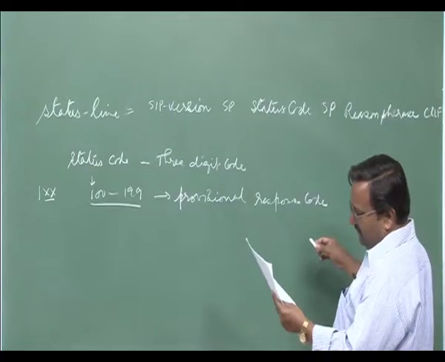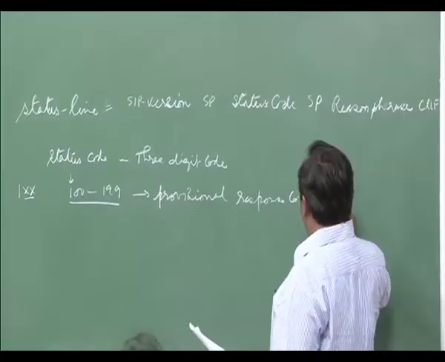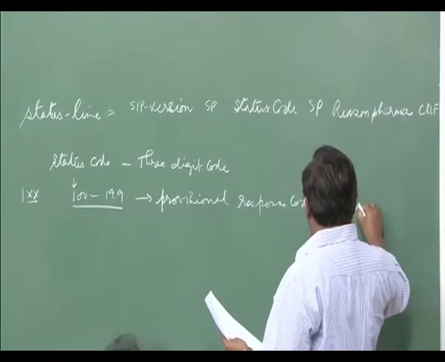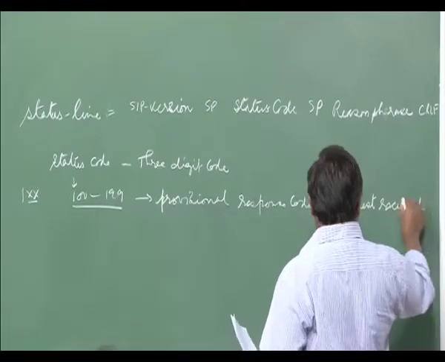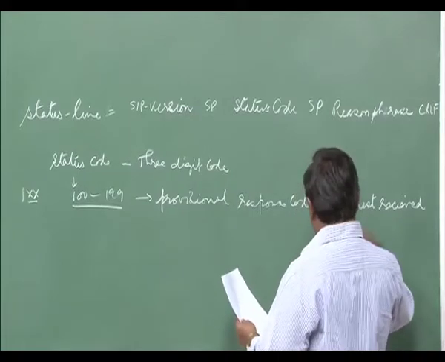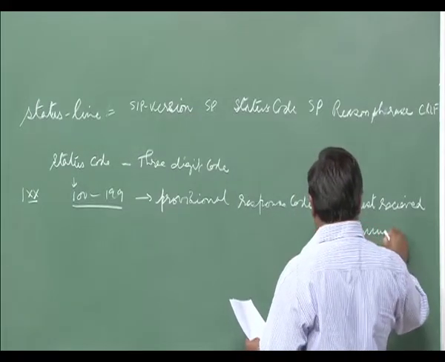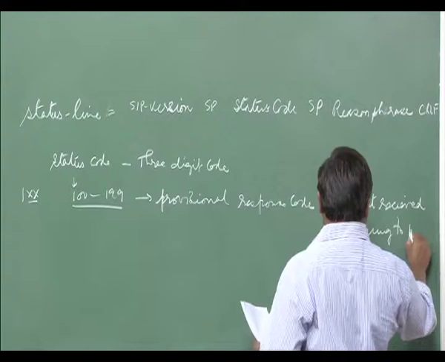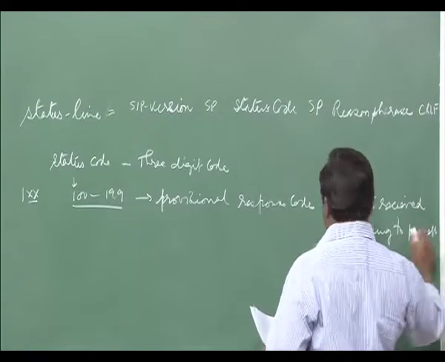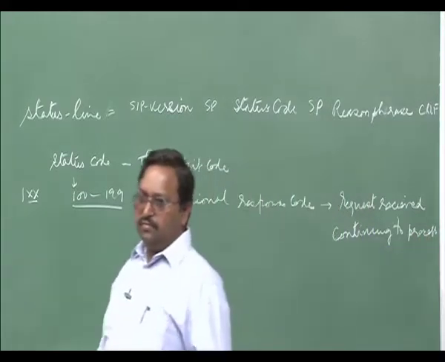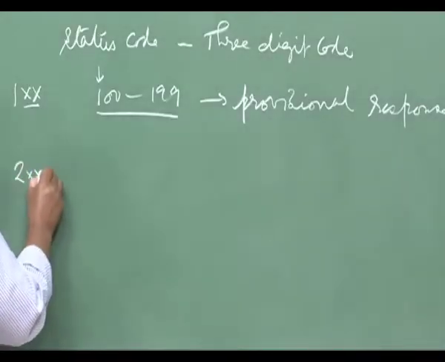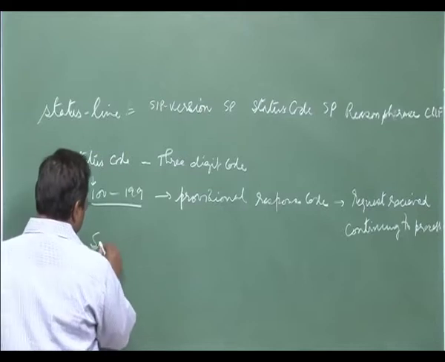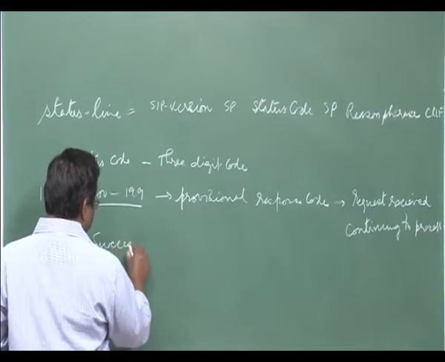Provisional, for example, means that the request is received and we are continuing to process the request. I think I have mentioned this earlier also. Similarly, you will have the 2XX category, which corresponds to success.